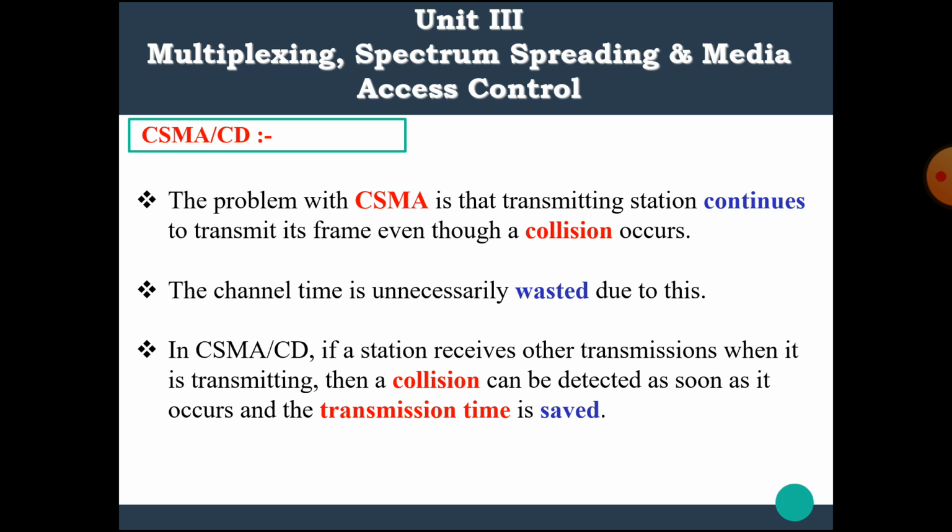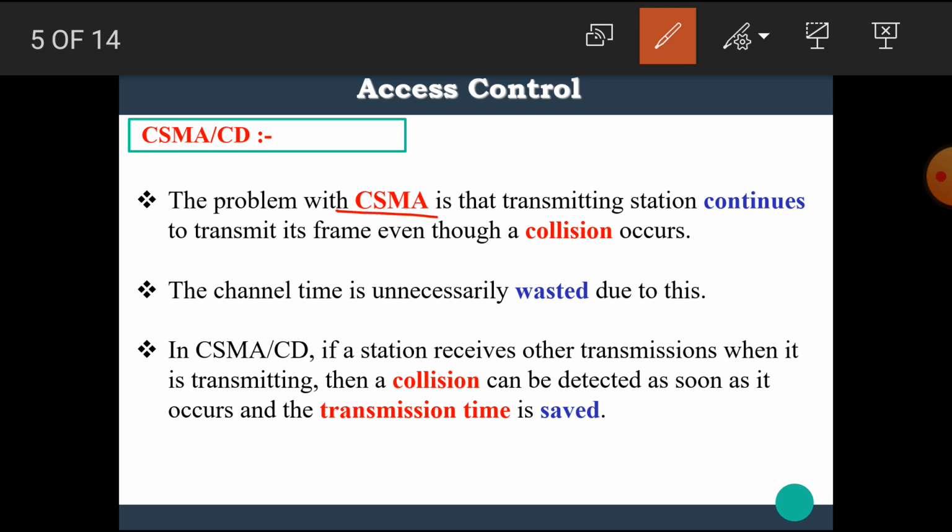The problem with CSMA is that the transmitting station continues to transmit its frame even though the collision occurs. The channel time is unnecessarily wasted due to this.